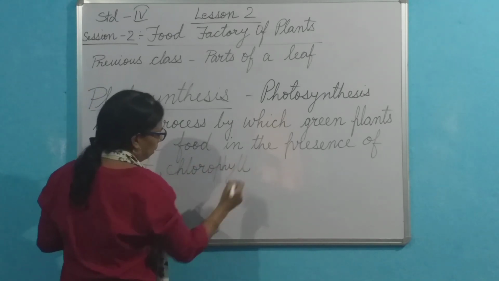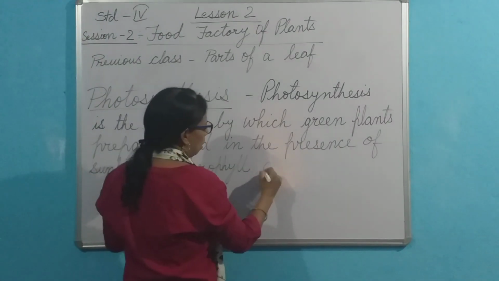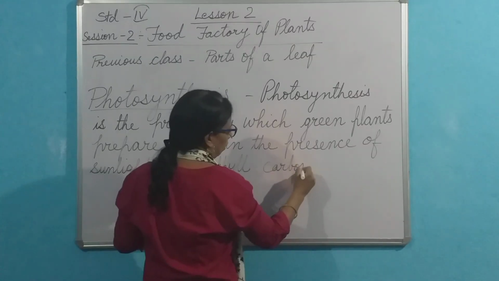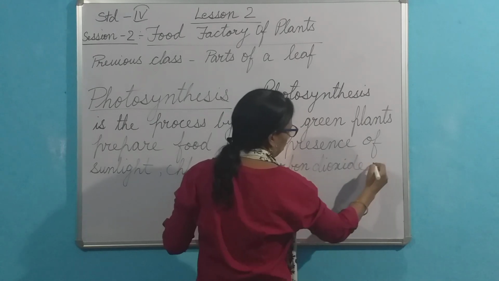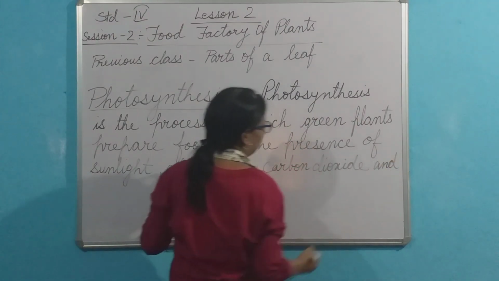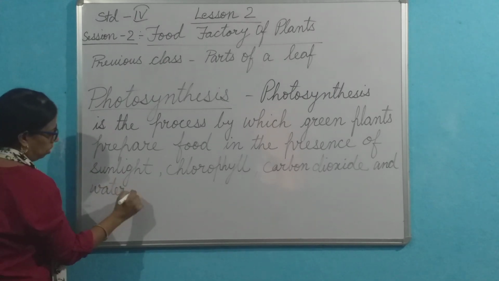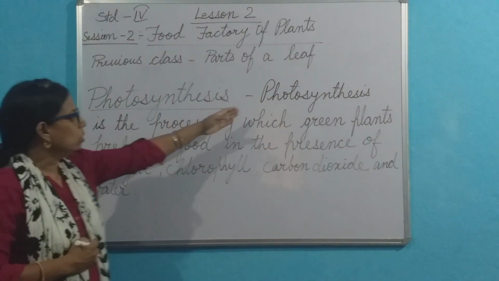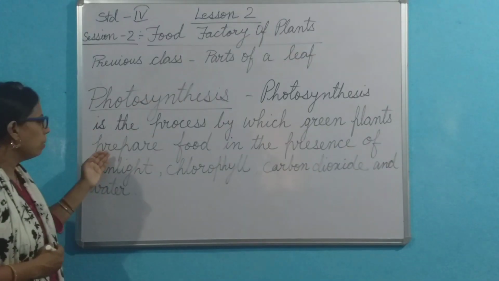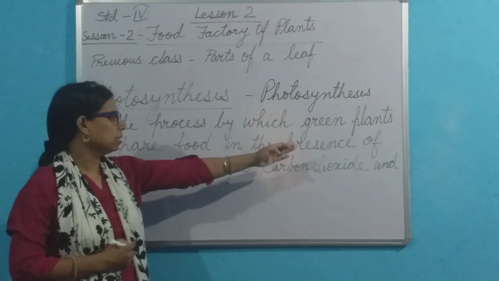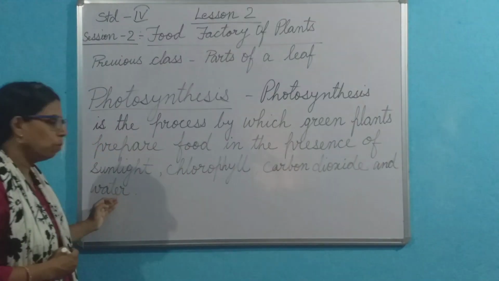Chlorophyll is the green pigment present in the leaf. Chlorophyll, carbon dioxide, and water. So let us go through it. Photosynthesis is the process by which green plants prepare food in the presence of sunlight, chlorophyll, carbon dioxide and water.